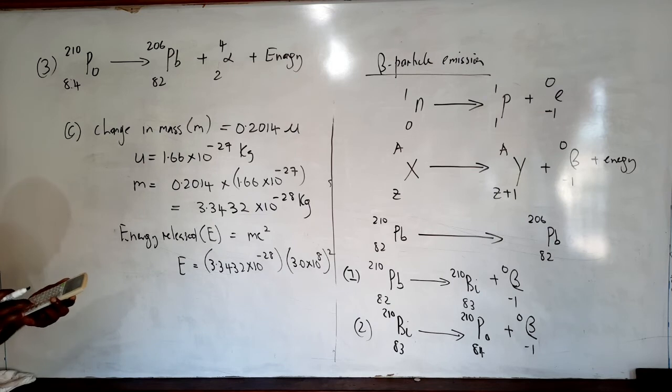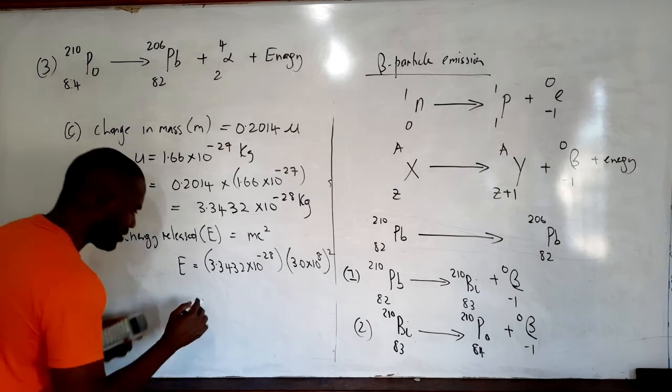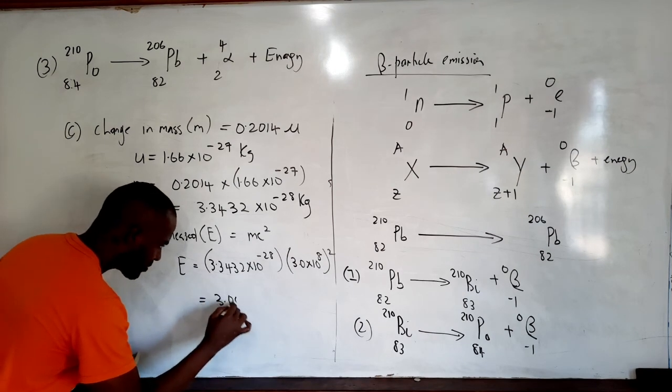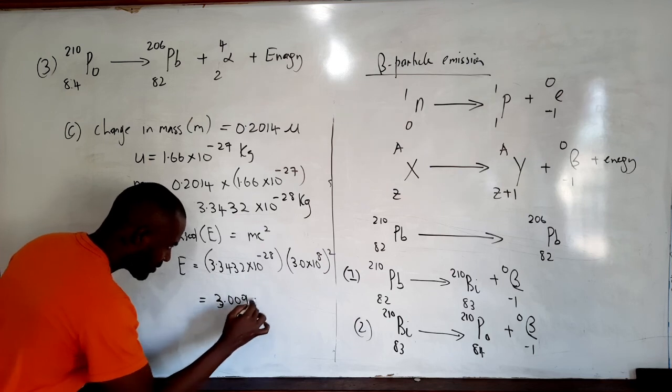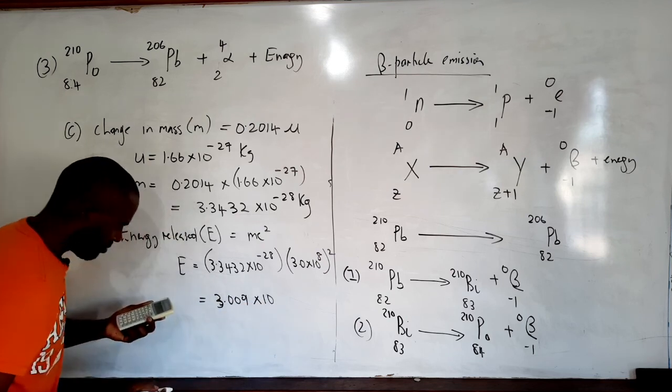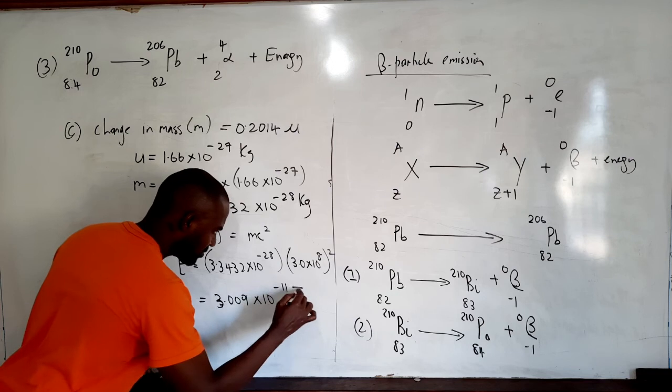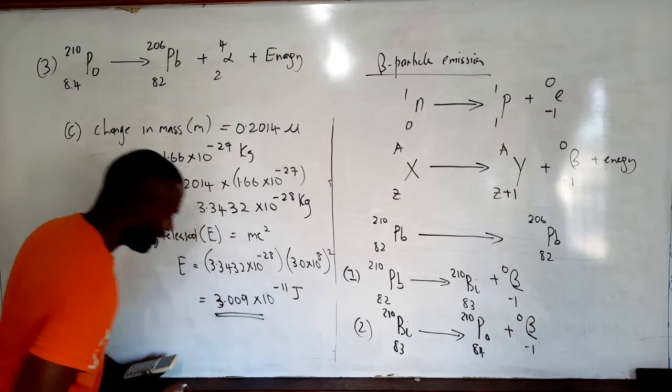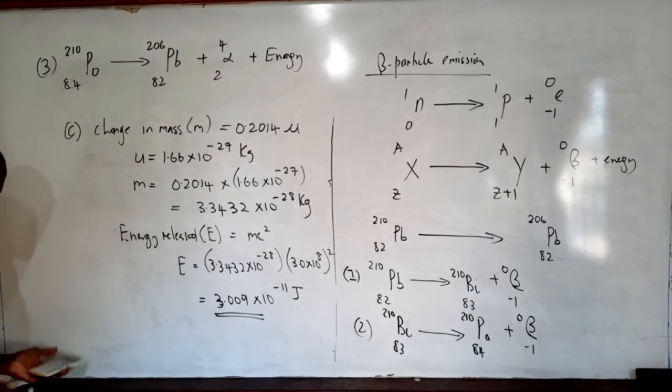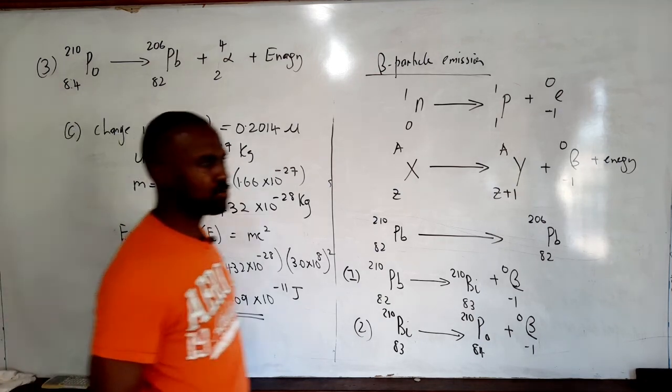So this is times 3 exponential 8 times 3. And this gives us 3.009 times 10 to the minus 11 joules. So that will be the energy released in this reaction.